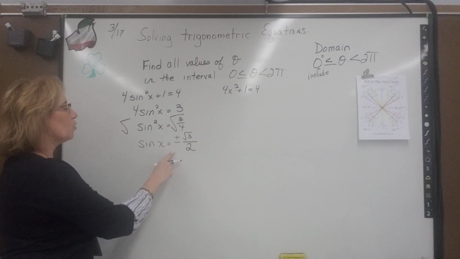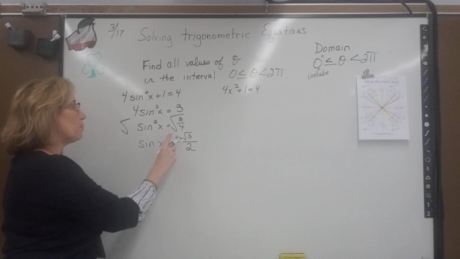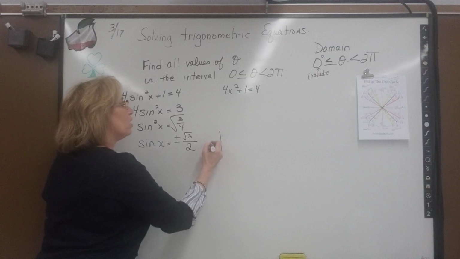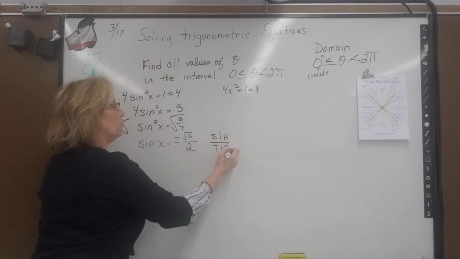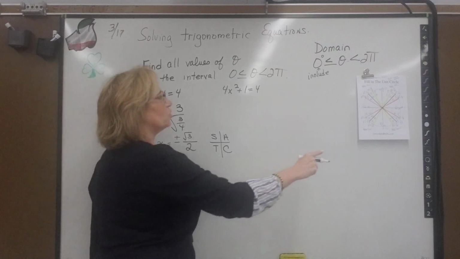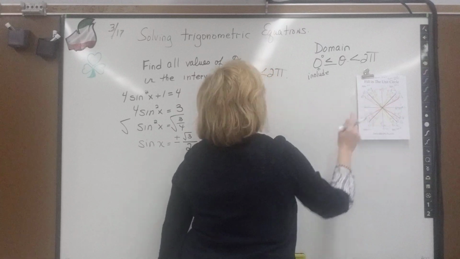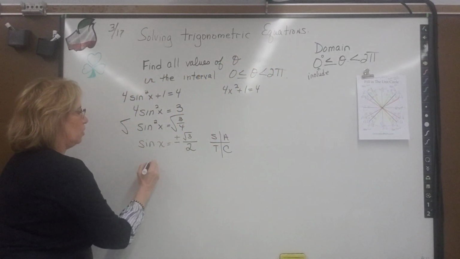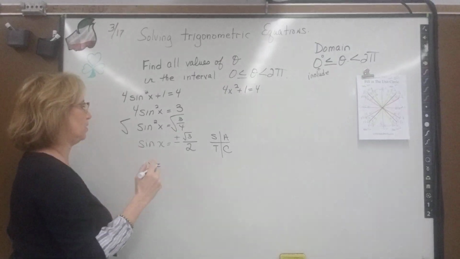Okay, so now look, we have sine x is plus and minus. So we're looking for positive and negative. We are looking in all of our quadrants for the answer. So again, if you look at your unit circle, the sine that has radical 3 over 2 is going to be pi over 3. So x, I used x instead of theta because after a while I can't keep saying theta.